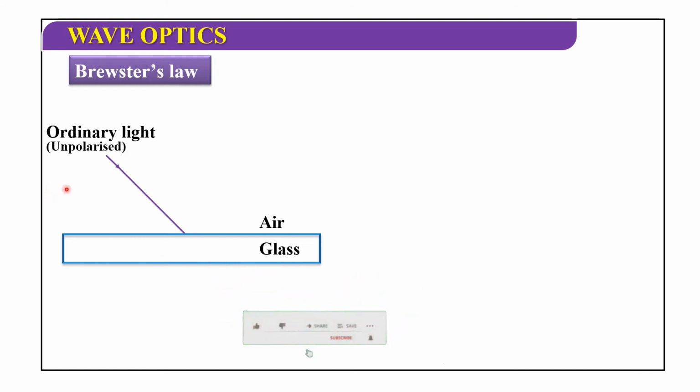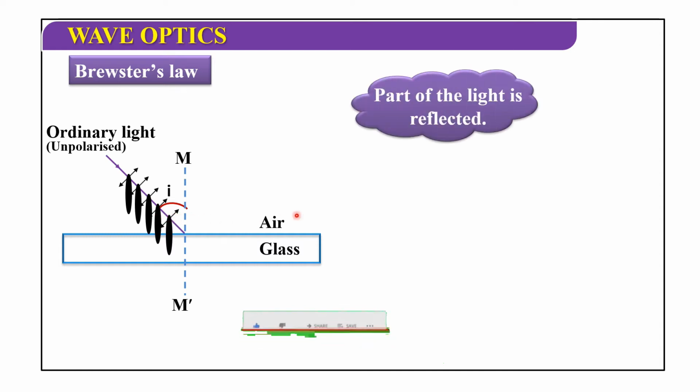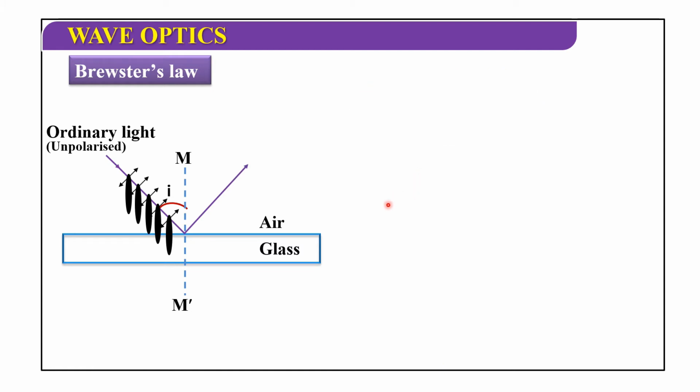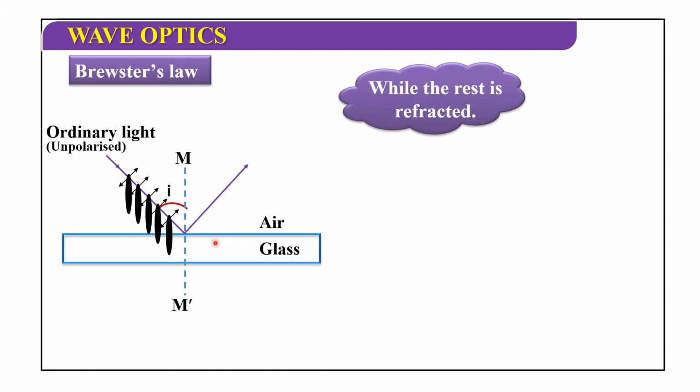This is unpolarized light. Now you are taking the mirror, and this is the angle of incidence. Part of the light is reflected. This is the reflected light, while the rest is refracted. This is refraction.